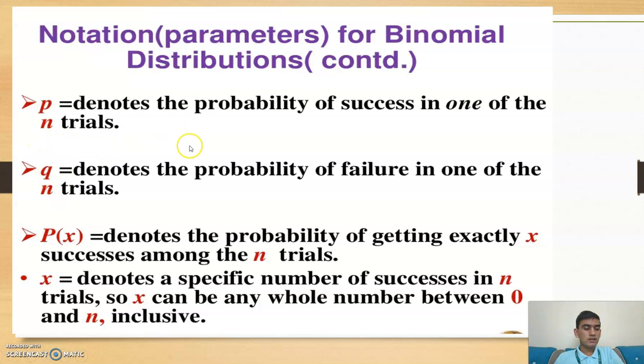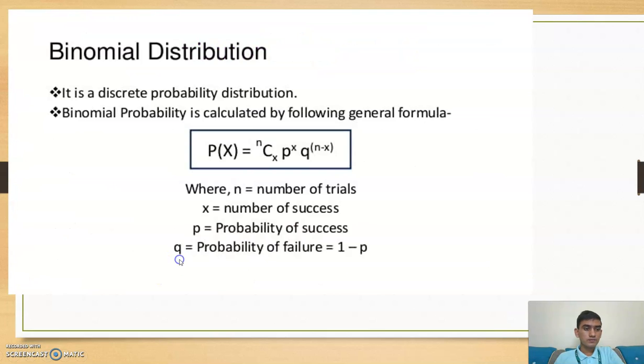P of x denotes the probability of getting exactly x successes among the n trials. So, what is x? X is a specific number of successes in n trials. X can be any whole number between 0 and n, inclusive.